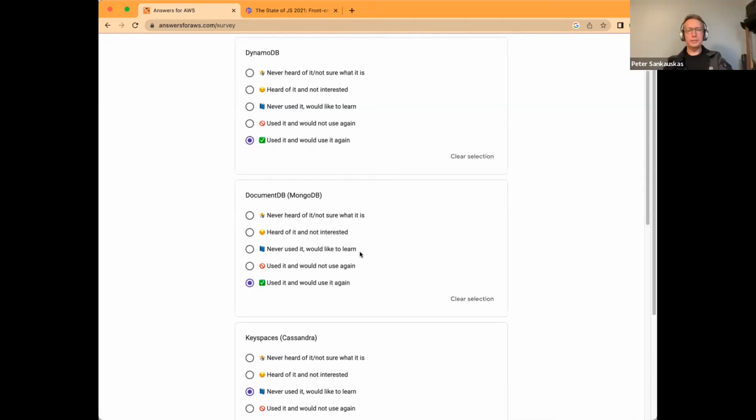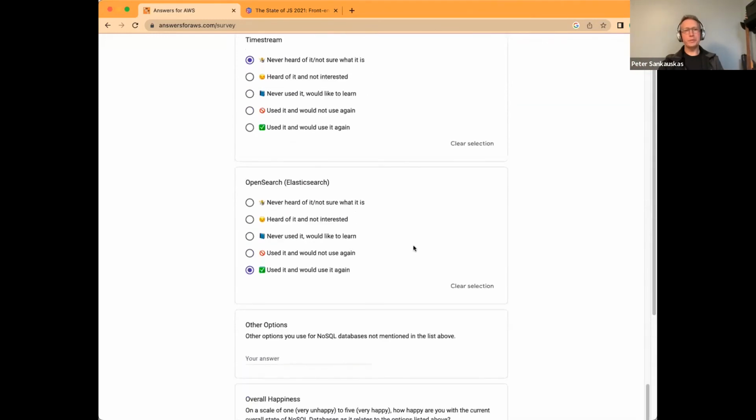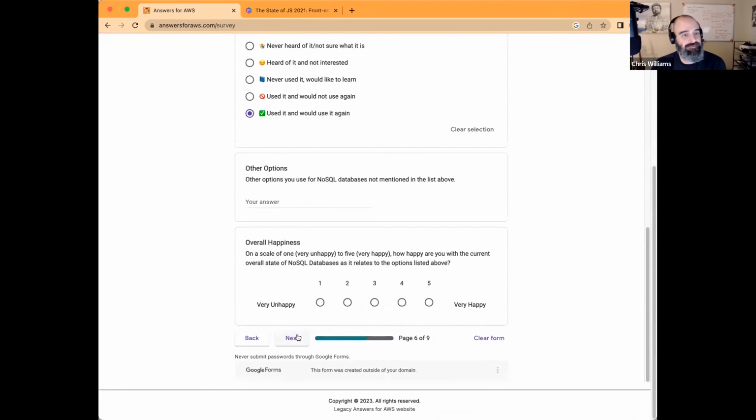Interesting. This is one I'm also curious about because I've heard really mixed things about DocumentDB. But Atlas is a very good business that Mongo is running, and so I'm curious what is actually happening in that space. Cool.